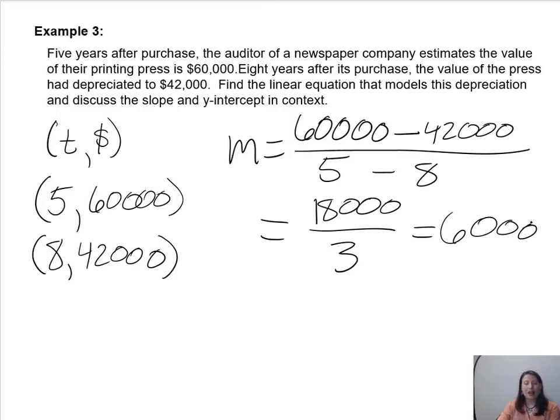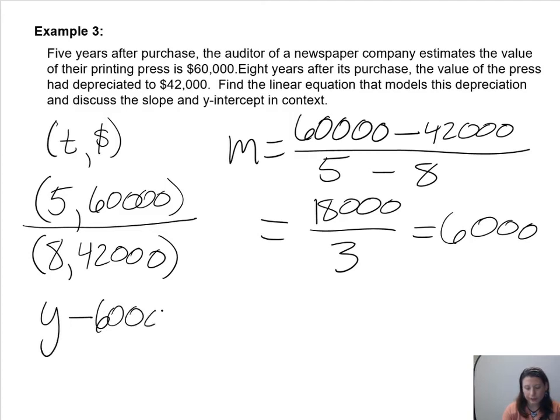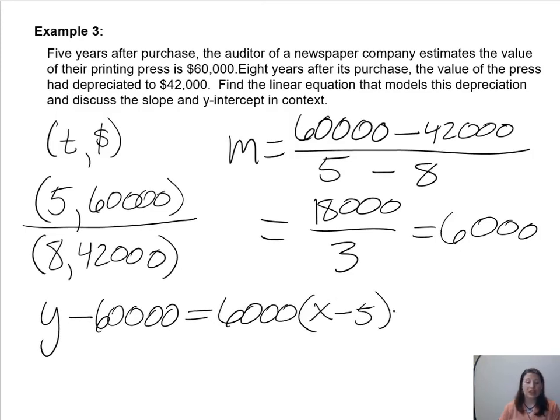Now again, I'm going to write it out in the point-slope formula. So we have y minus, I'm going to go ahead and use that first point, 60,000, is equal to 6,000 times x minus 5. They do say to discuss the slope and y-intercept, meaning we probably want to put it in slope-intercept form.